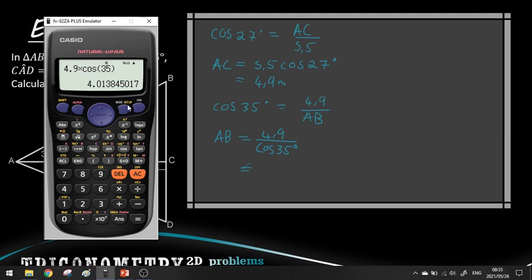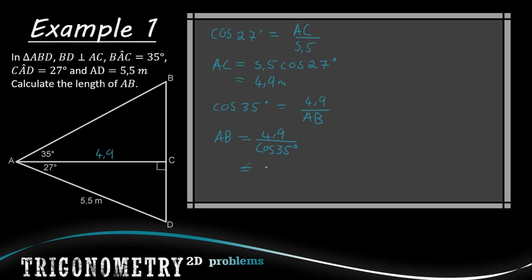Oh, sorry, not times, it's over. 4,9 over cos 35. Okay, so that's 5,98 to 2 decimal places, and remember your units, it is in meters.